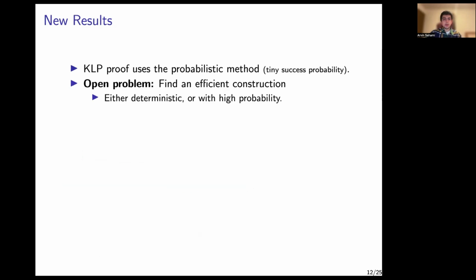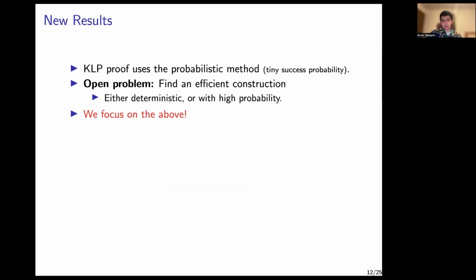The problem with this KLP approach is that it's probabilistic, but with a tiny success probability, which means that it doesn't give you any efficient randomized algorithm to construct the object. And so it is an open problem to find either a deterministic or a randomized algorithm which works with high probability to construct these objects.